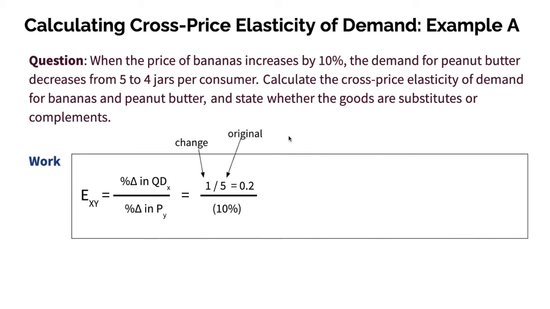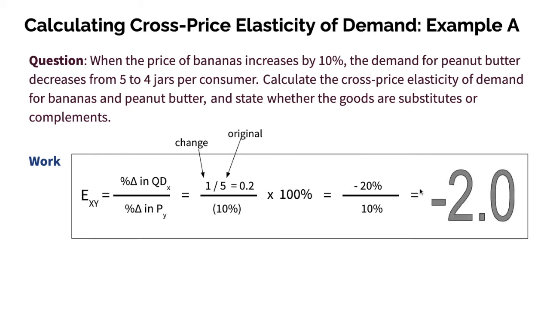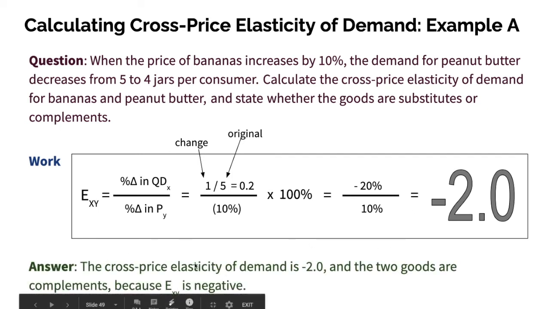Don't forget though, this is a negative on top because it's 5 to 4, so the change is actually -1. This is a negative percentage change. So we end up with -20 over 10, which is -2. The cross-price elasticity of demand is -2.0, and the two goods are complements because cross-price elasticity is negative.